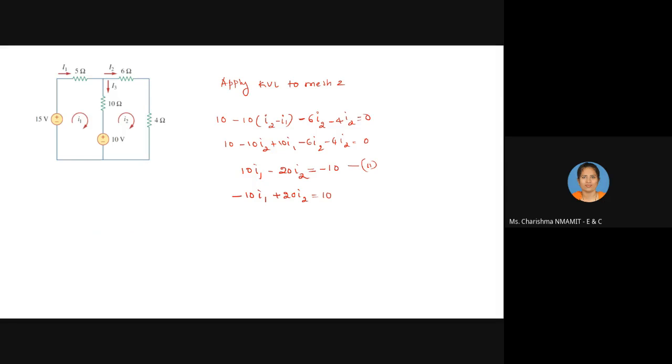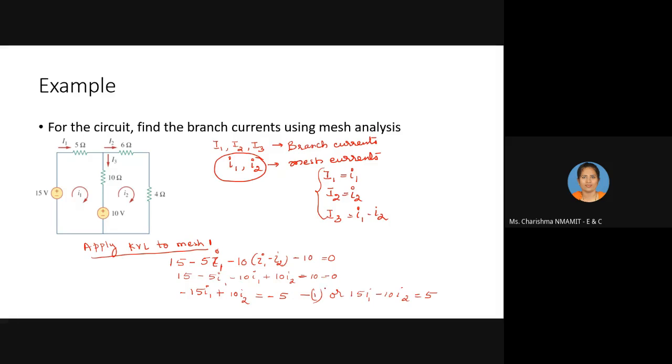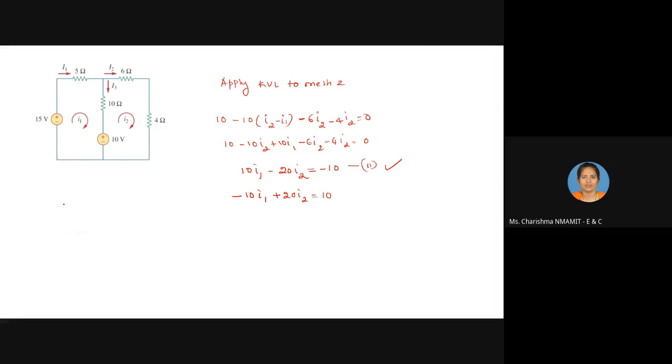Now you have two equations, equation 1 and 2. The first equation is, I'll write it here, minus 15 I1 plus 10 I2 equal to minus 5, equation 1, and minus 10 I1 plus 20 I2 equal to 10, equation 2.